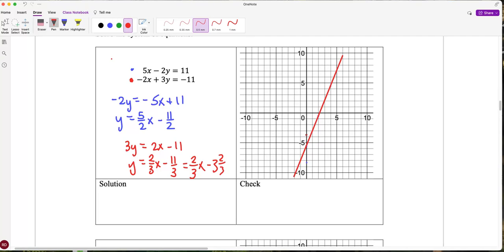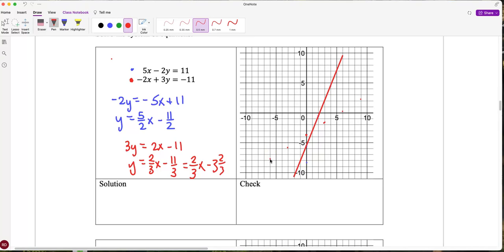The slope is 2/3, so if I go up 2 over 3, up 2 over 3, up 2 over 3. Back up, I made a mistake on this one. Up 2 over 3, up 2 over 3, and then go down 2 over 3, down 2 over 3, something like that.